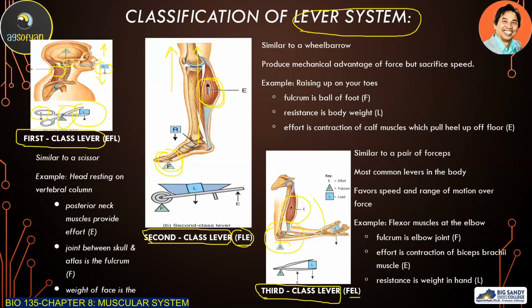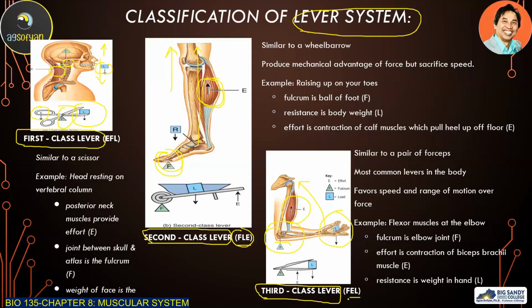It will flex our elbow. It will lift our lower arm. This is flexion. Our hand over here is the load. So FEL. This is the third class lever.